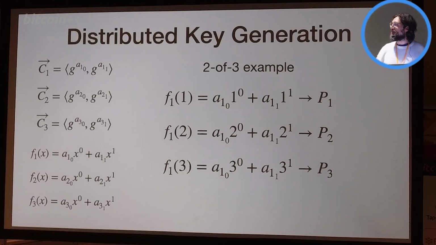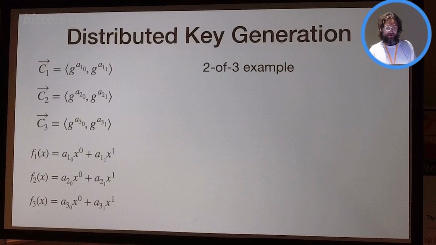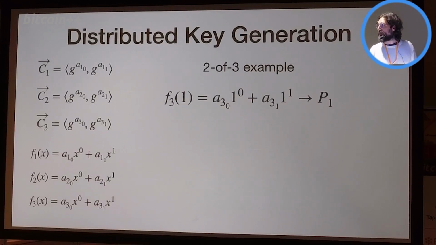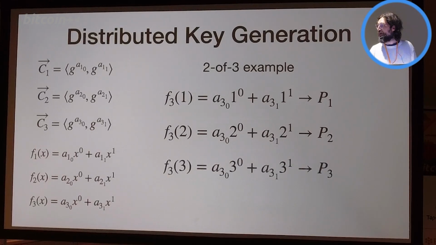And then they're going to get a third share by plugging in x equals 3, and they're going to give that to participant 3. So participant 1 is taking their polynomial, deriving 3 shares, and distributing a share to themselves and each other participant. And every other participant will do the same thing. So participant 2 will create 3 shares and distribute them. Participant 3 will create 3 shares and distribute them.